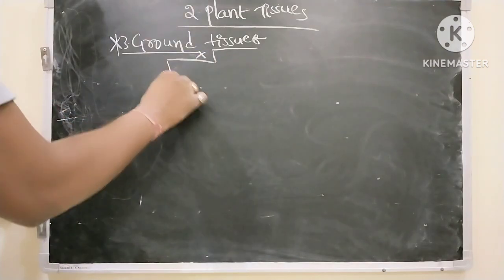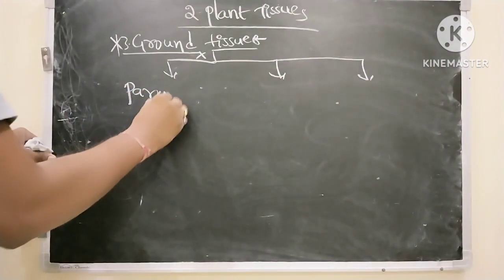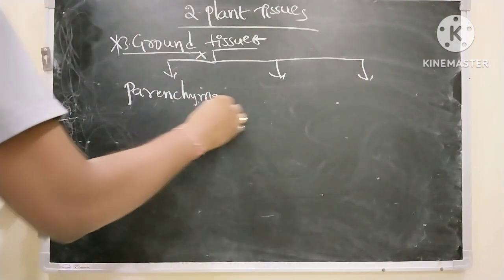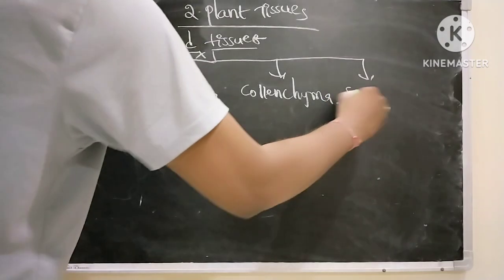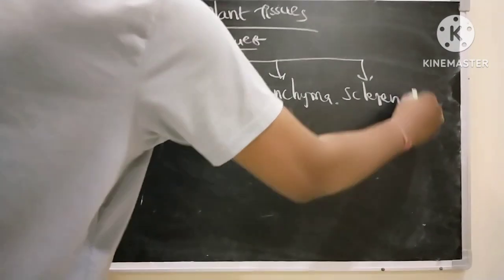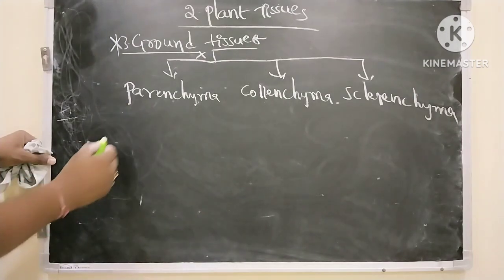That is, it is divided into three types: parenchyma, collenchyma, and the third one is sclerenchyma.